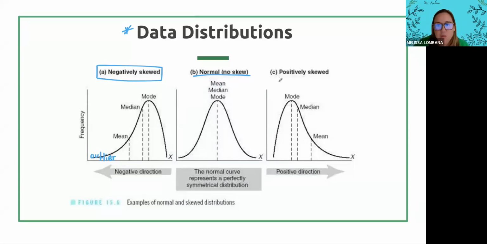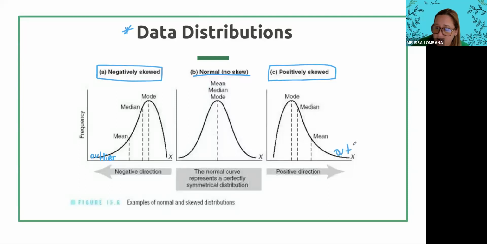Now, with a positively skewed graph, this has nothing to do with good or bad, by the way. It just means the direction it's going. Very much like positive and negative correlation, that type of idea. So with a positively skewed graph, you have a lot more lower scores, and the outliers are over here.